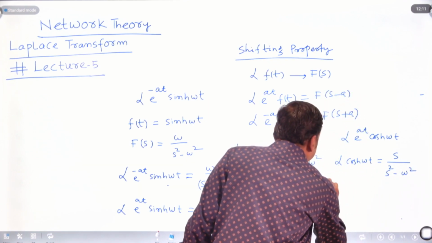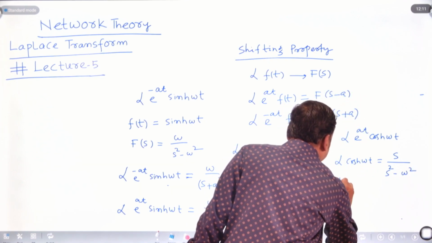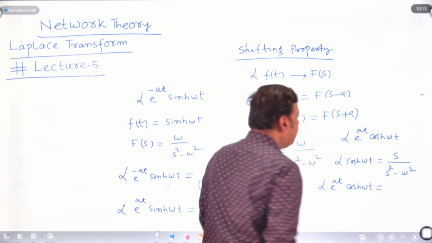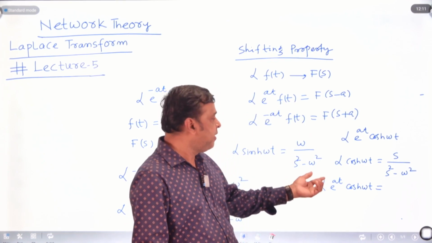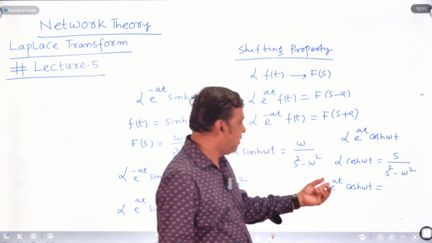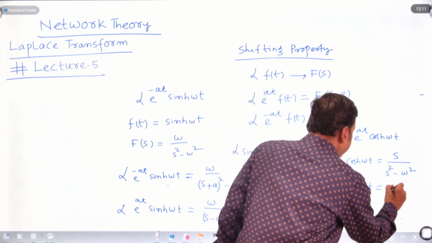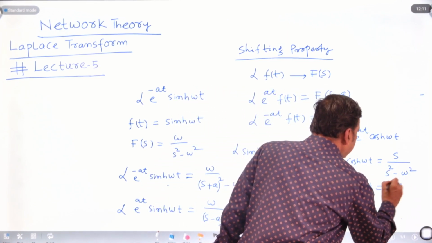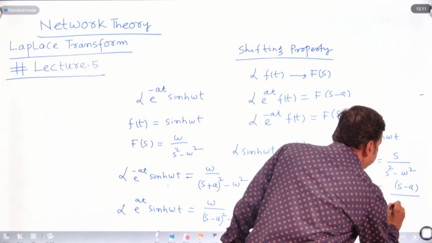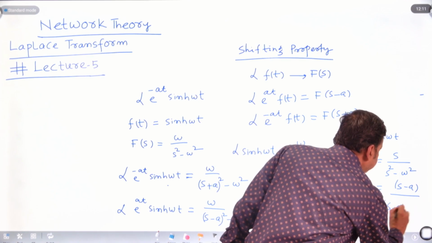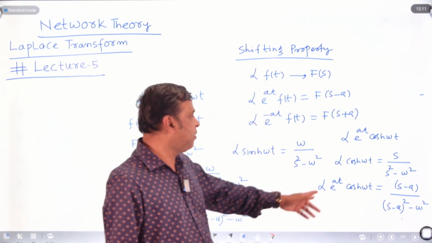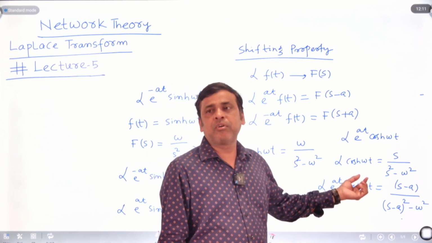So if multiplied by e to the power at, the original function shifts to s minus a. In place of s we get s minus a, divided by s minus a whole square minus omega square.